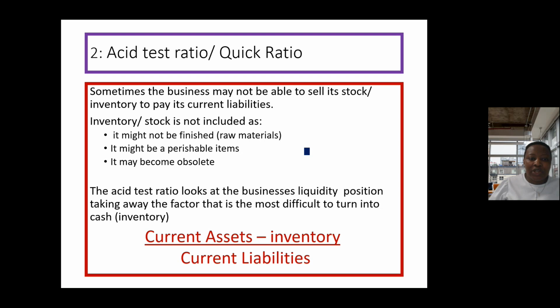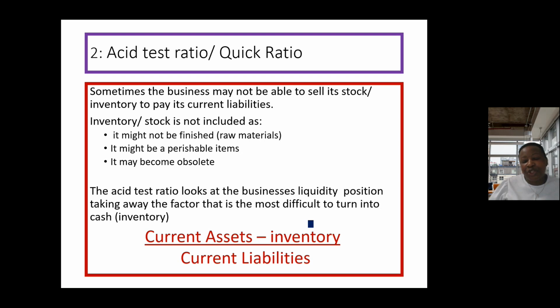And so what we try to do with the quick ratio or acid test ratio is to exclude that element that is harder to convert to cash and see how safe we still are in being able to pay up our liabilities. So what the acid test does is look at the business's liquidity position after we have taken away the most difficult element to turn to cash, which is inventory.